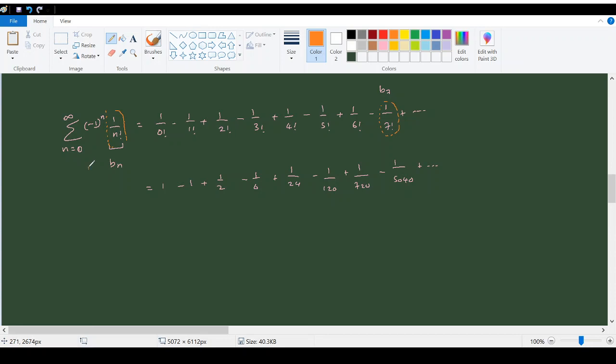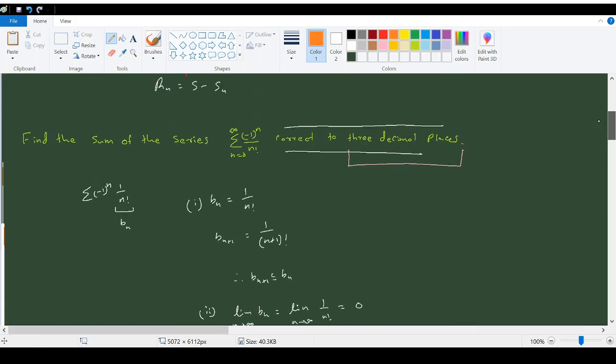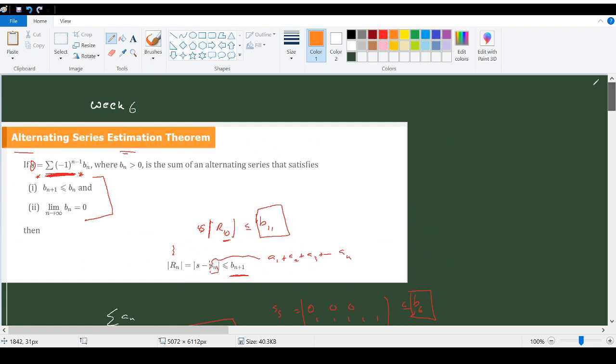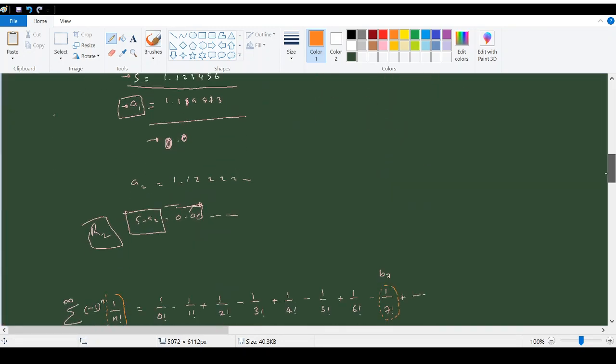But if we say An, that will include the negative 1 to the power n as well, right? But here, for the hypothesis of the alternating series estimation, we only need Bn, right? Here also we need Bn, right?